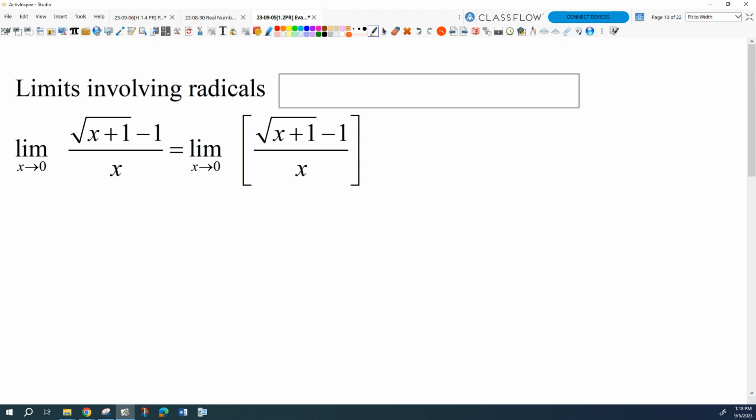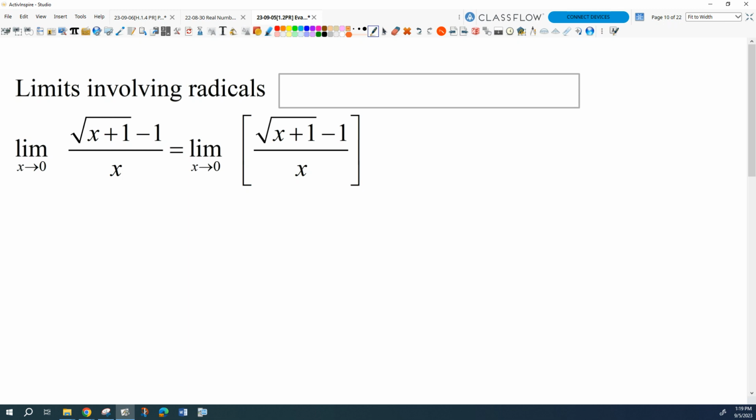Okay, it wouldn't be so ugly if when we evaluated the expression with the square root, it didn't give us a 0, right? This would have been easy if x were approaching some other value. Like if x were approaching 8, it would have been way better. We would have gotten square root of 9, which is 3, minus 1 is 2 over 8. 2 over 8 is 1/4, done, right? Would have been a piece of cake.